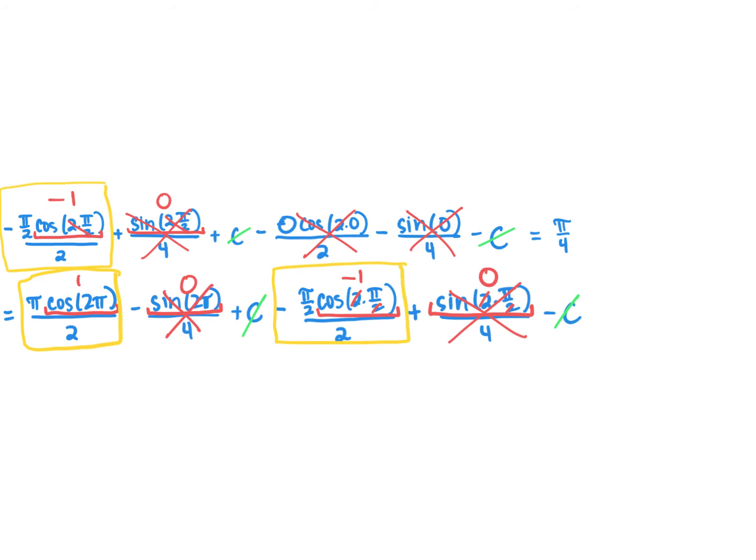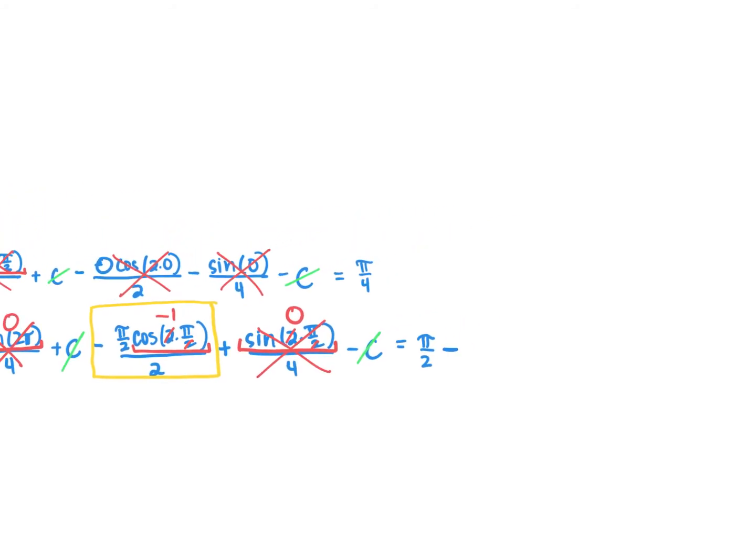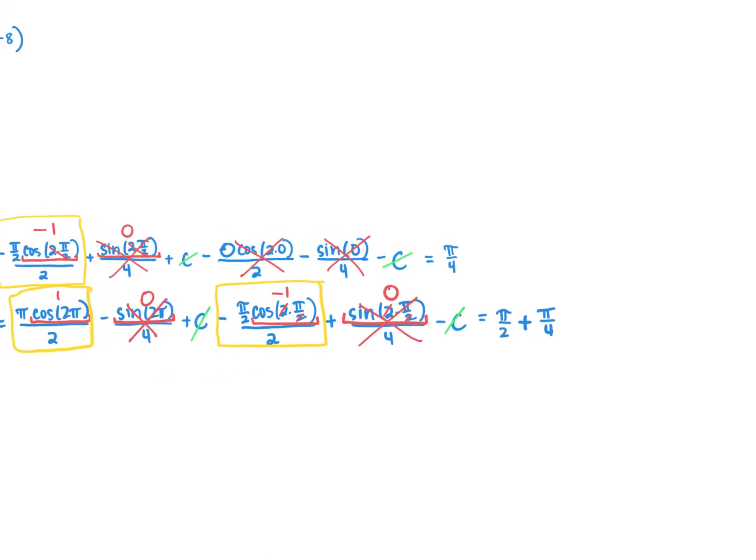So I'm left with pi halves from the first yellow rectangle, and then plus, because of the double negative, pi fourths. So now I want to put that all together. Pi fourths, that's the original pi fourths here, plus pi halves plus another pi fourths.